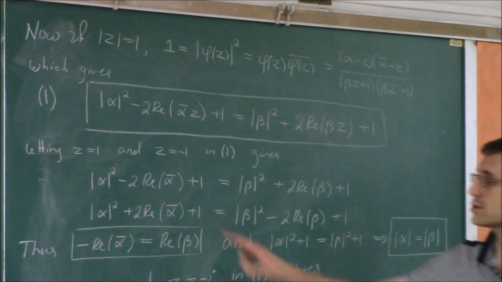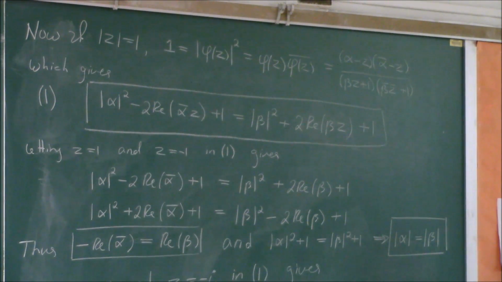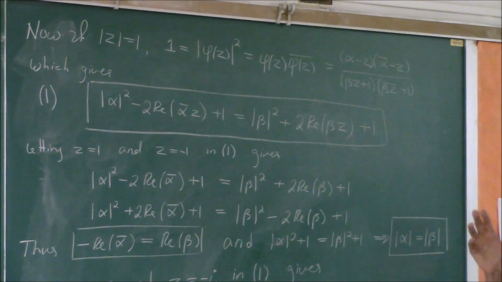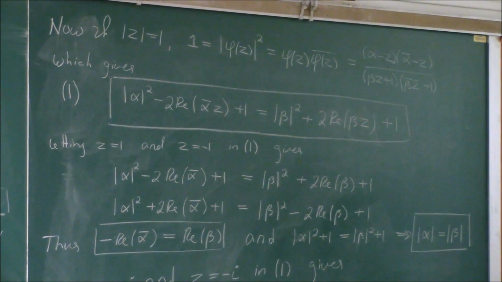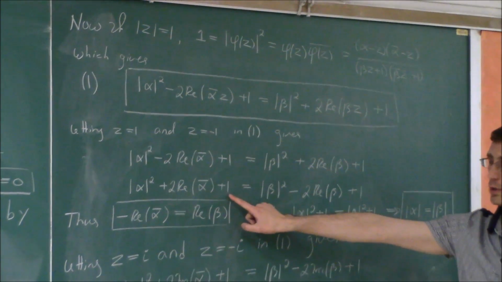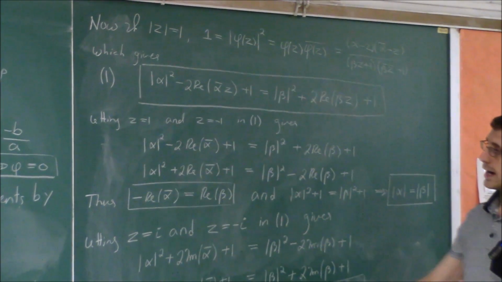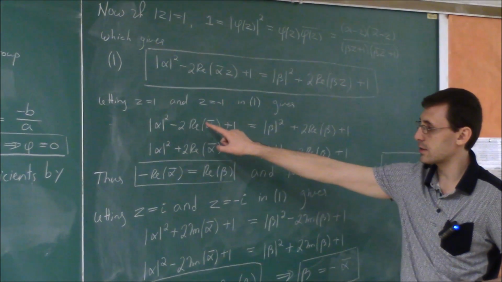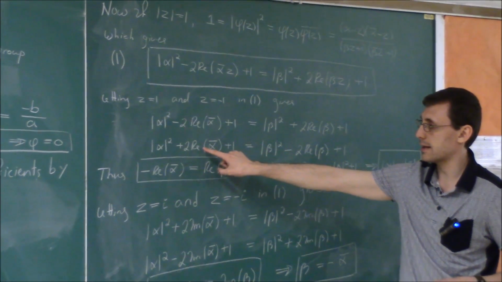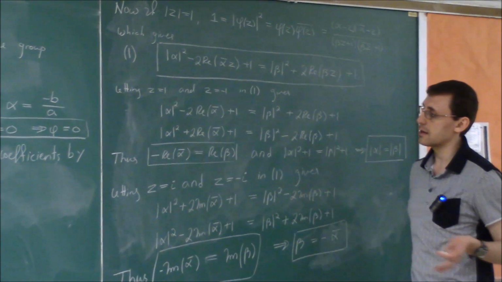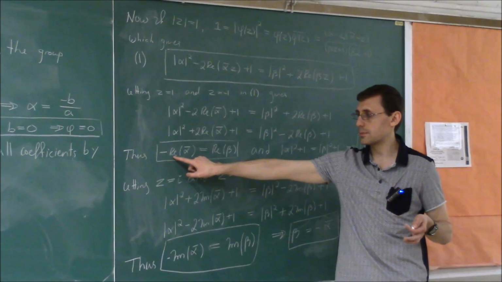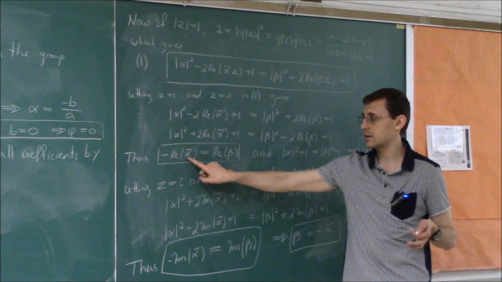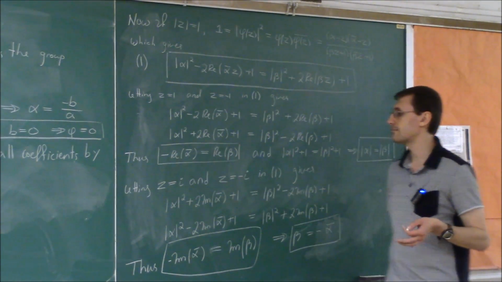So we have modulus of alpha squared minus 2 real part of alpha conjugate plus 1 is equal to modulus of beta squared plus 2 real part beta plus 1, and a similar equation below it. So if I take the top and subtract the bottom and do some very basic arithmetic, I obtain that minus the real part of alpha conjugate is the real part of beta.